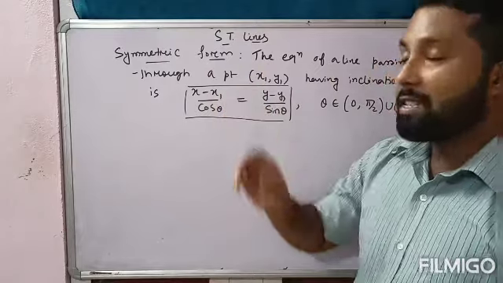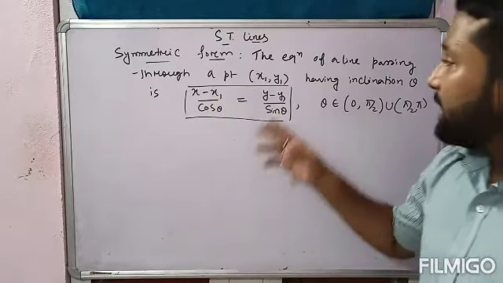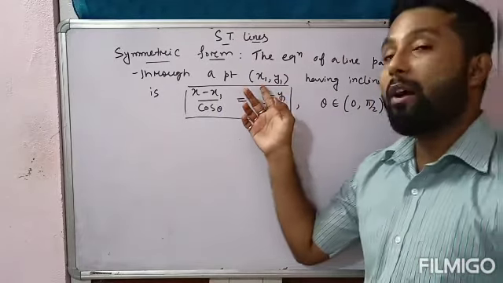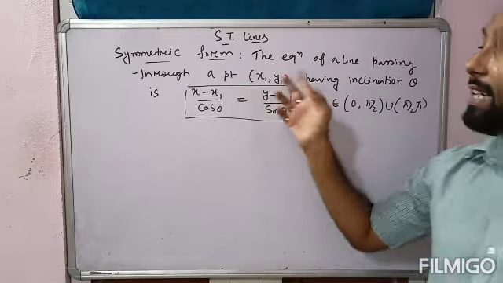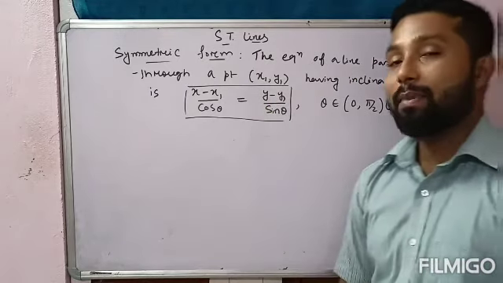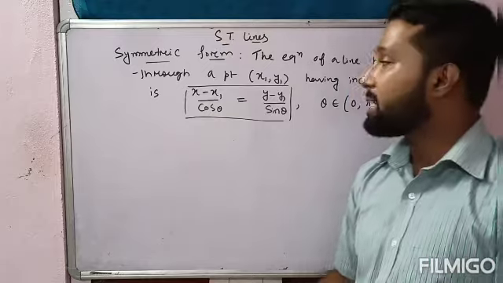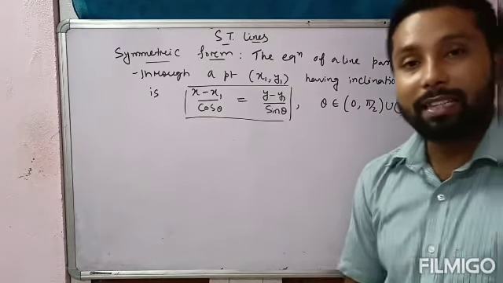So what is the symmetric form of a straight line? The equation of a line which is passing through a point x1, y1 having inclination theta is x minus x1 by cos theta, which is equal to y minus y1 by sin theta.